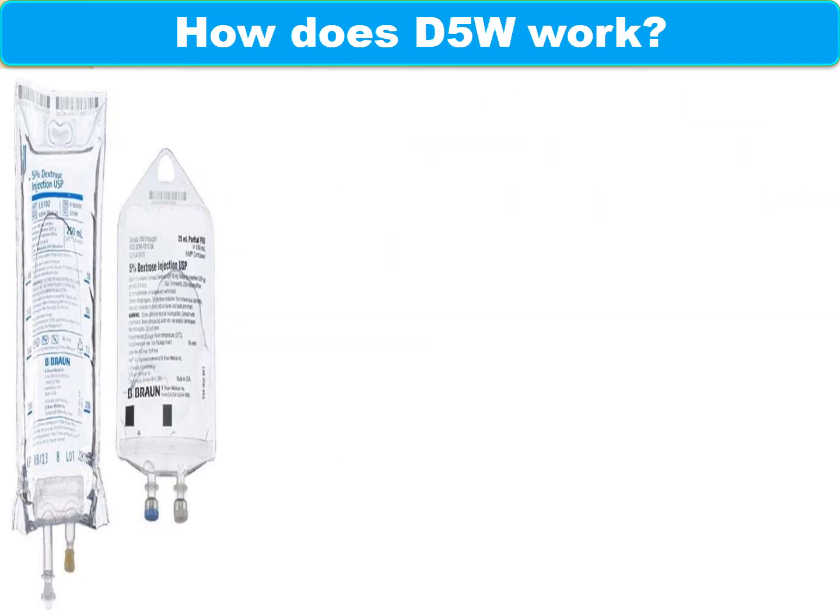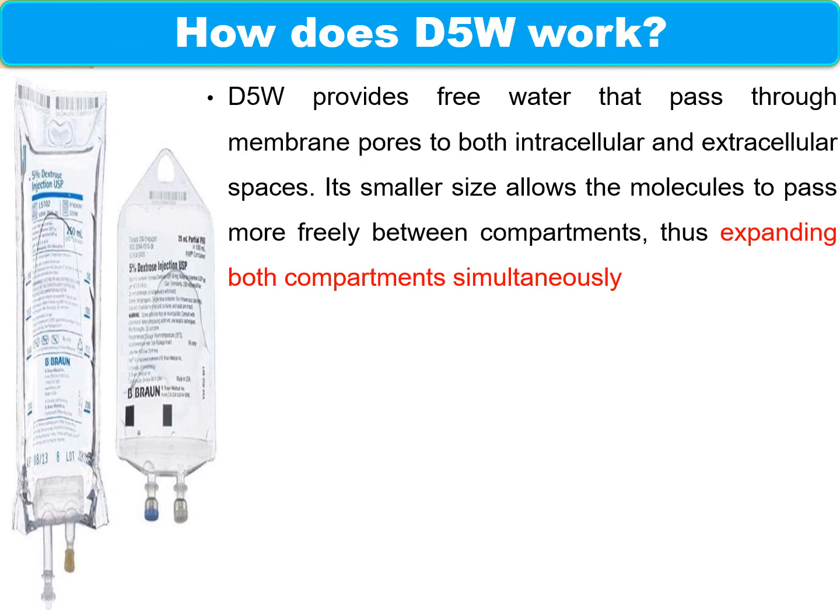Now, the question arises, how does the D5W work? The D5W provides free water that passes through membrane pores to both intracellular and extracellular spaces. Its smaller size allows the molecules to pass more freely between the compartments, thus expanding both compartments simultaneously.